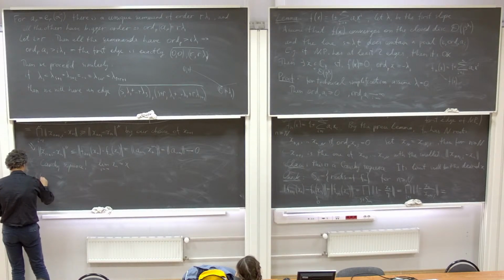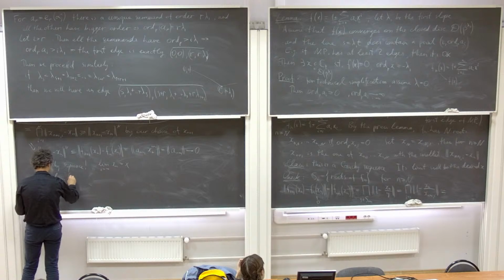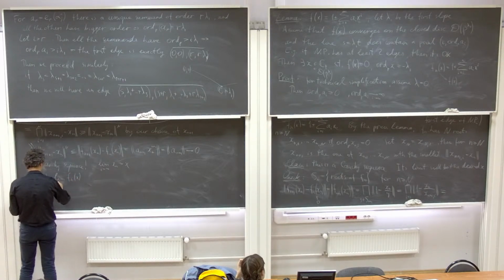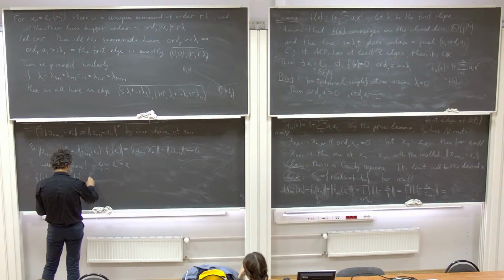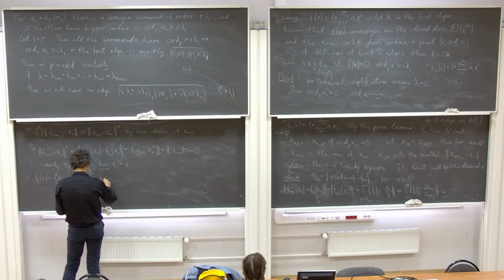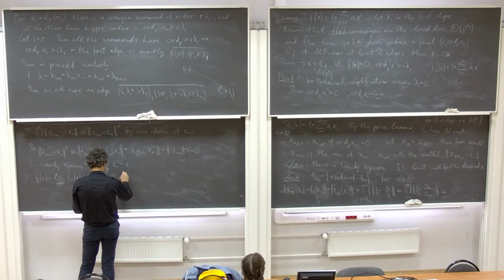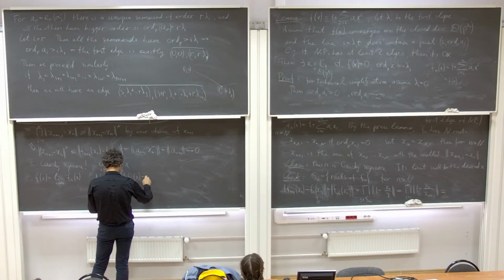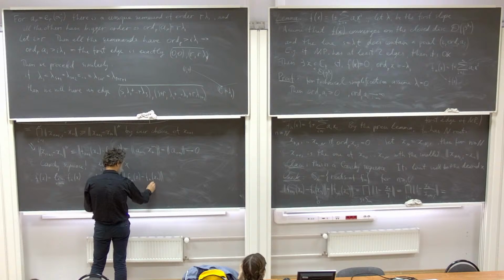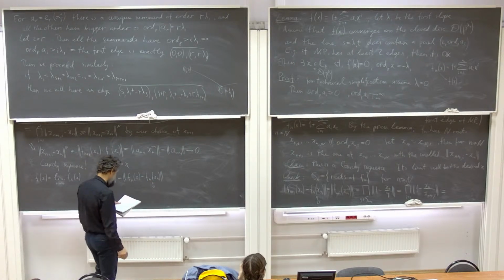So f of x is the limit of fn of x, and the norm of fn of x is the norm of fn of x minus fn of xn, because this is just 0, it's a root.